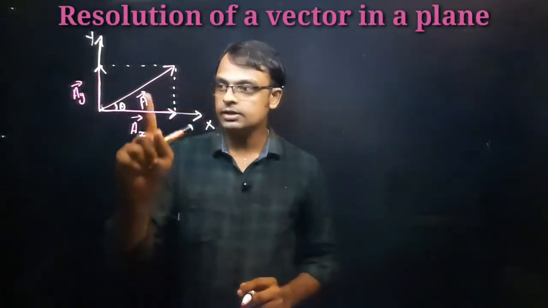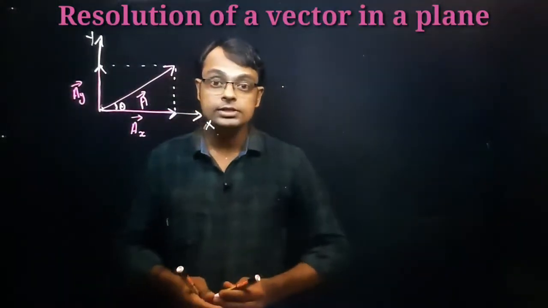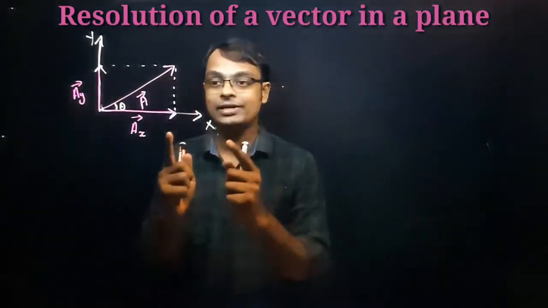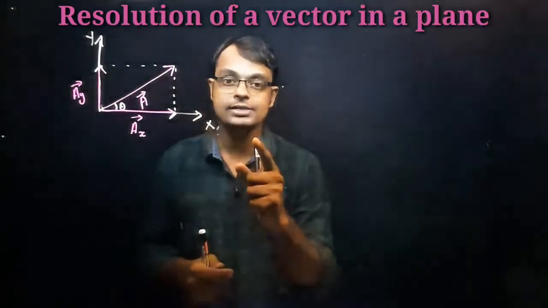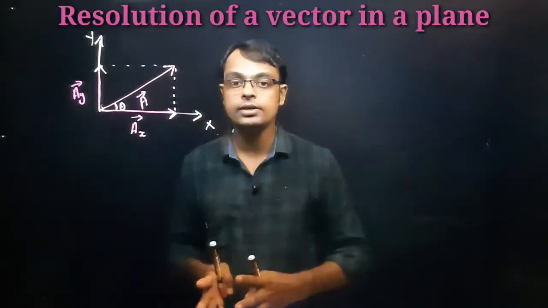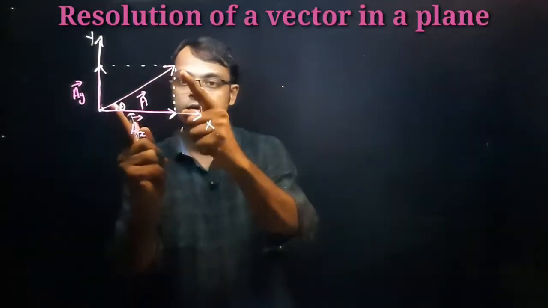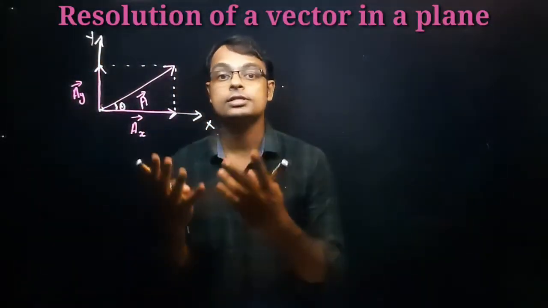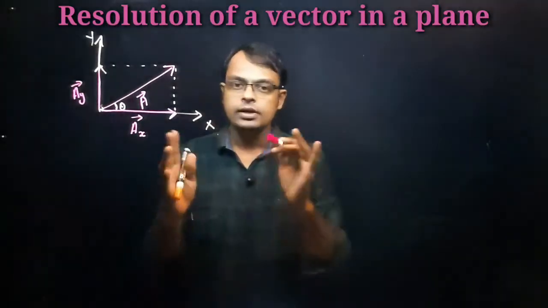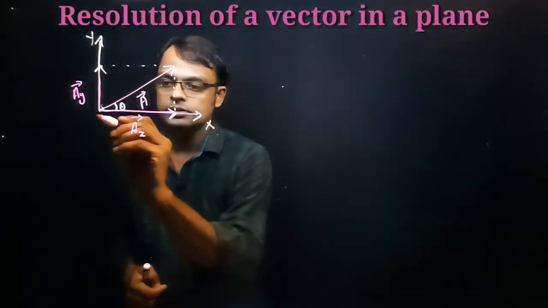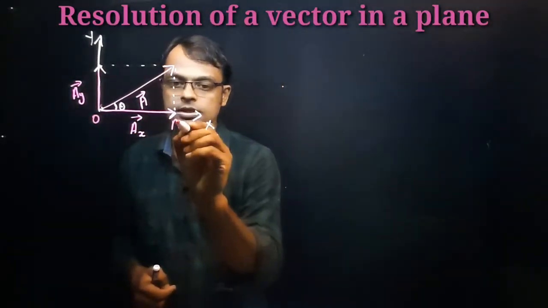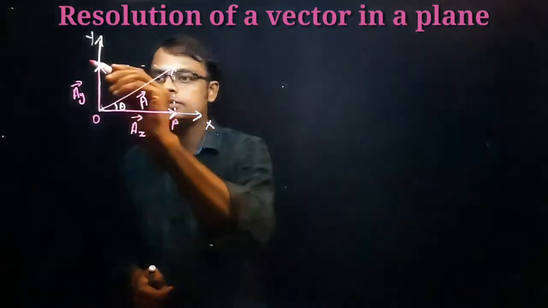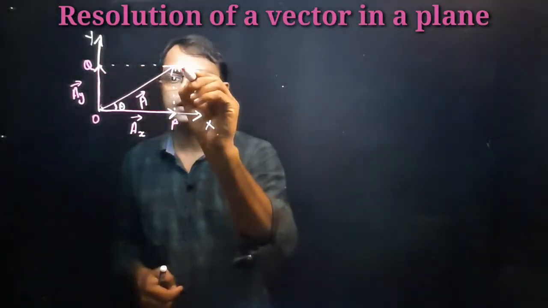So Ax vector and Ay vector are the components of vector A along the x-axis and y-axis. Now we have split a given vector into two vectors. So this is called what? Resolution of vectors. Now let's give some names here. Say this is O, this is P, this is Q, and this is R.